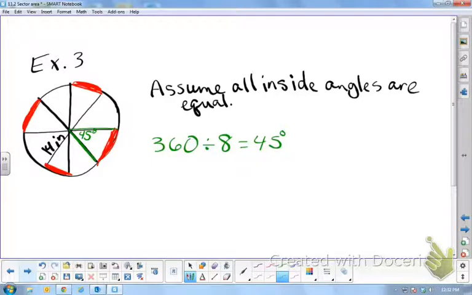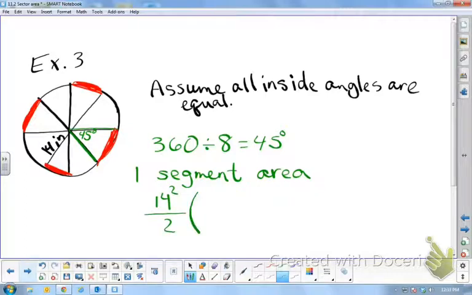Well, I can find that segment area pretty easy for that one piece. I can find one segment area by plugging it into the formula. Our formula said r squared, so 14 squared, over 2 times theta, 45, times pi over 180, minus sine of theta, so sine of 45.